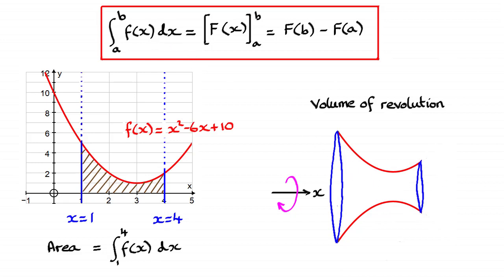There's a formula for it. That formula is volume equals pi times the integral of f of x all squared, integrated with respect to x. And it would go between the limits x equals 1, x equals 4 if we were to revolve that shaded area around the x-axis. But we'll be covering volumes of revolution later on in a further video.